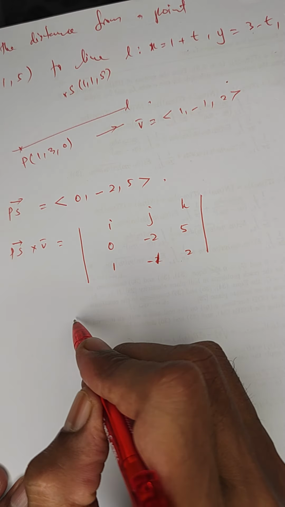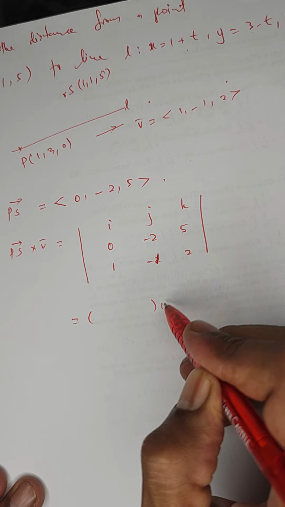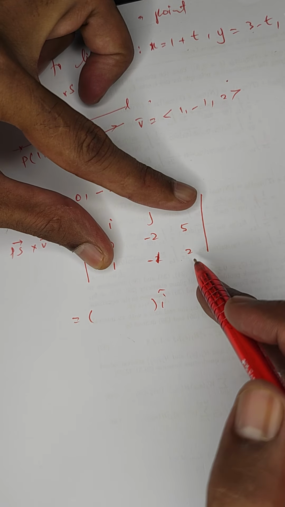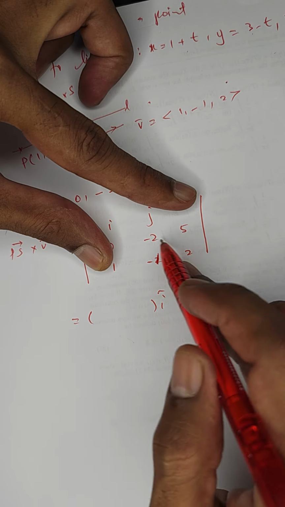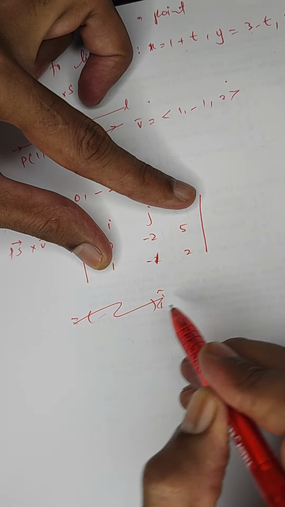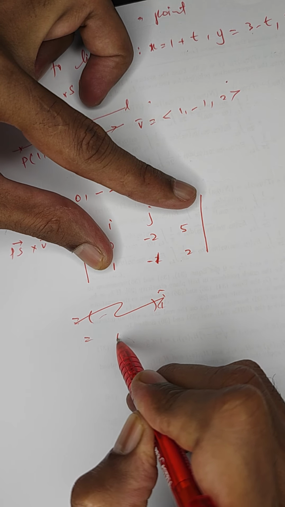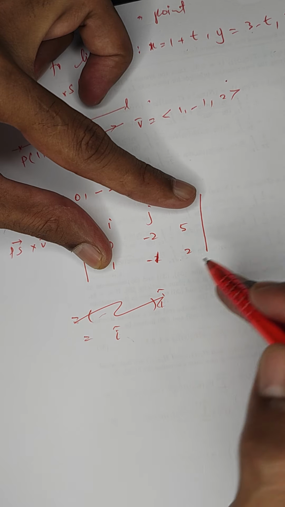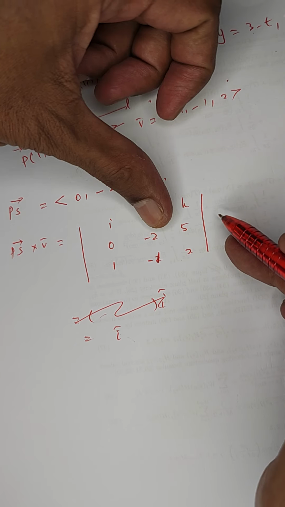Okay, so you can find this for component i: we have -2 plus 5, so that gives you 3.